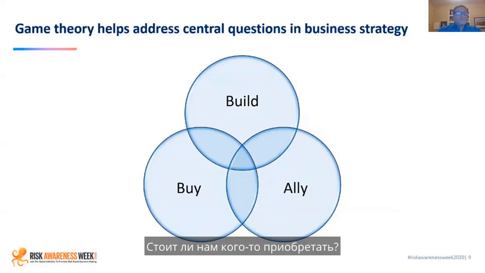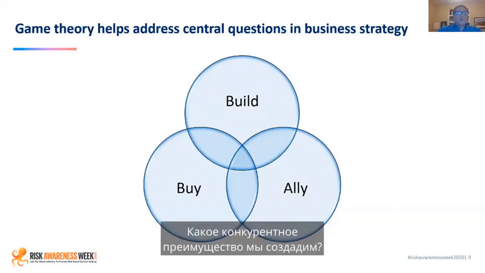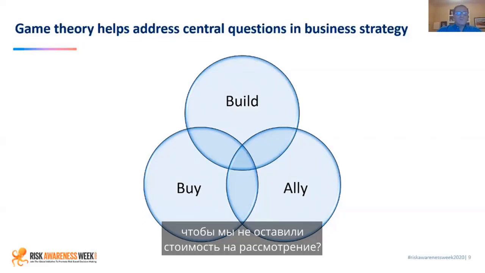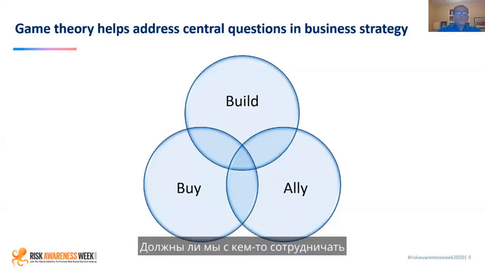Buy decisions, should we acquire somebody? What competitive advantage would we create? How does the game change once we make an acquisition? And what terms should we negotiate so that we don't leave value on the table? And alliance decisions are also very important. Should we partner with someone, or is it better to go it alone?